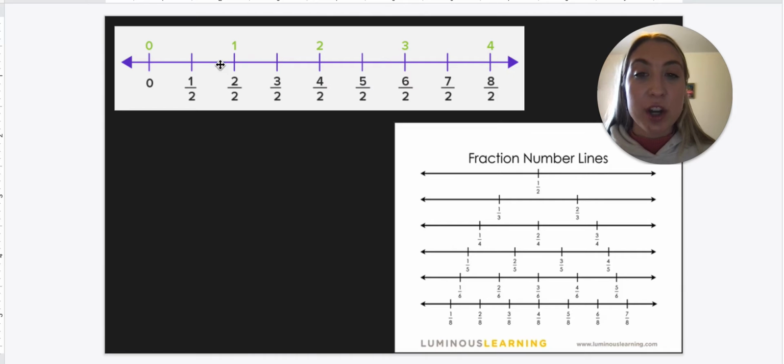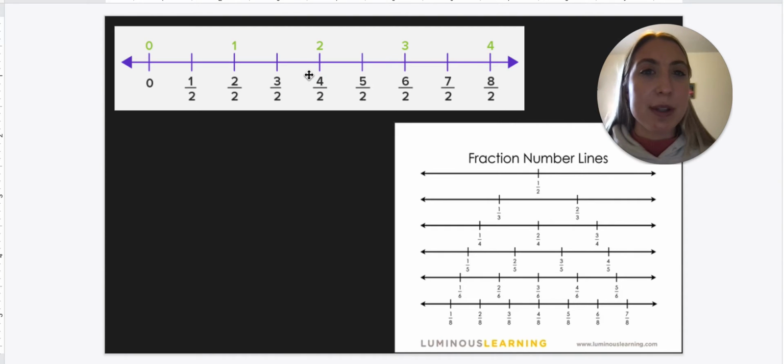This is 1 part, 2 parts, so it's 2 out of 2. When we get to the 2, it's 4 out of 2 because we're showing that this is 2 wholes. That represents the number 2. So when it's here, I'm showing 1 part out of 2 equal parts, which is my 1 whole. Here, I have 2 wholes because it's the number 2, which means there will be 4 equal parts from 0.